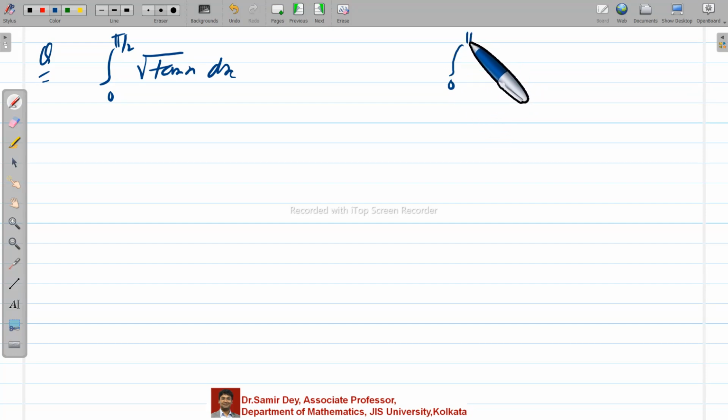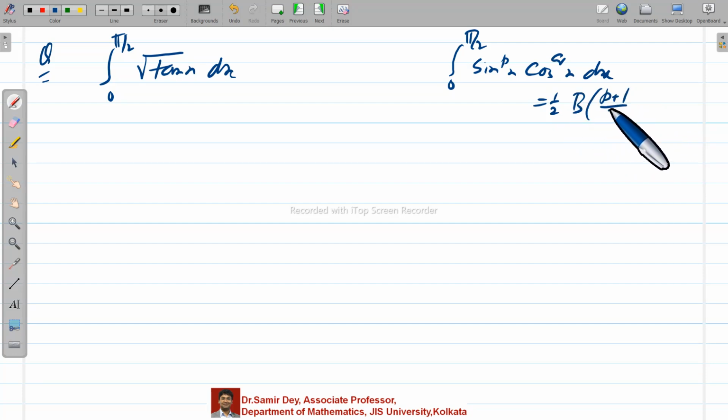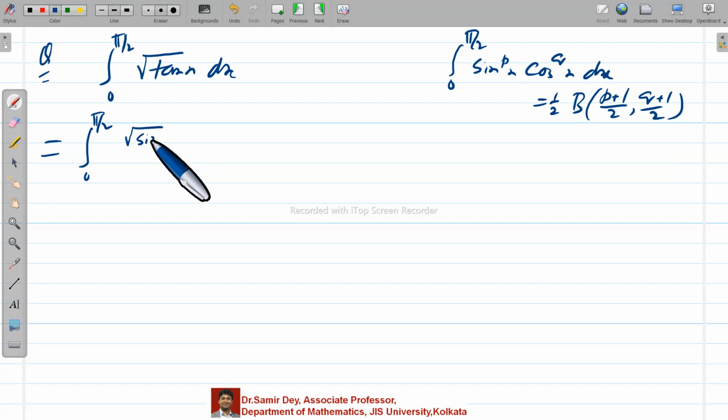The integral from 0 to pi by 2 of sine to the power p x cos to the power q x dx is equal to 1 by 2 beta of (p plus 1) by 2, (q plus 1) by 2. First we can rewrite this: tan is sine by cos, so you may write root under sine x by root under cos x.